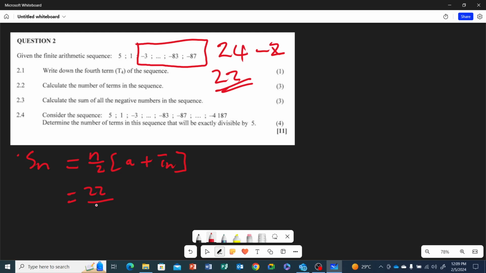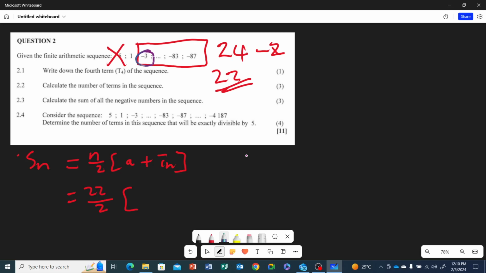The first term of our sequence will be -3. It is the first negative term. So we substitute the value of -3 there as our first value. Then we add the negative number -87 as the last number. Tn means the last number.